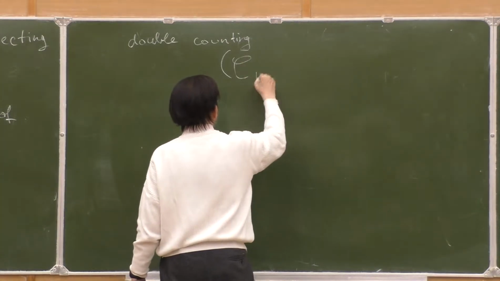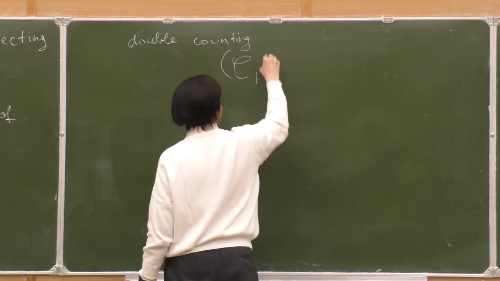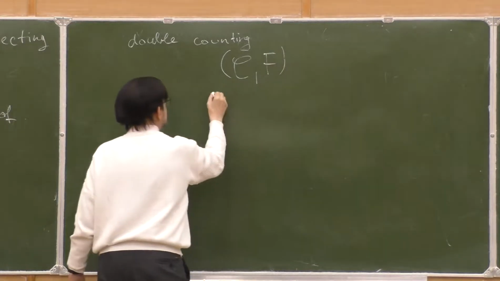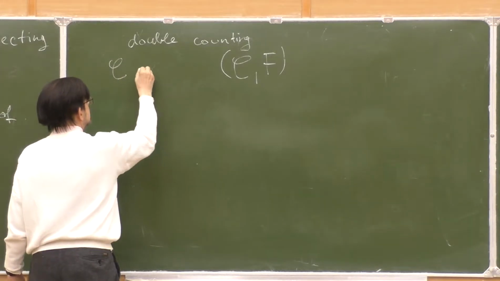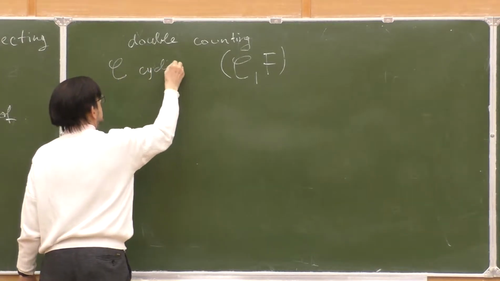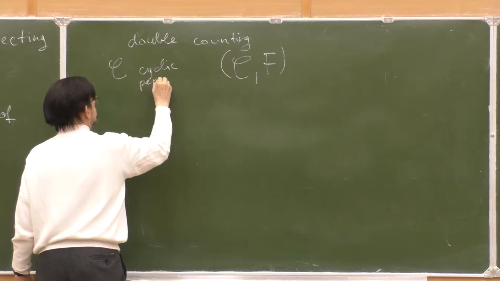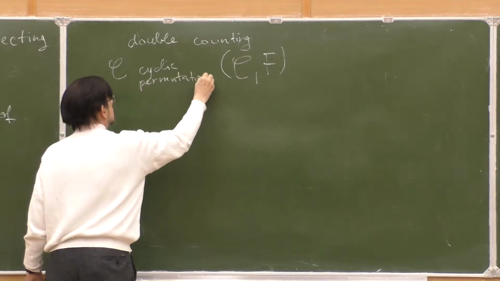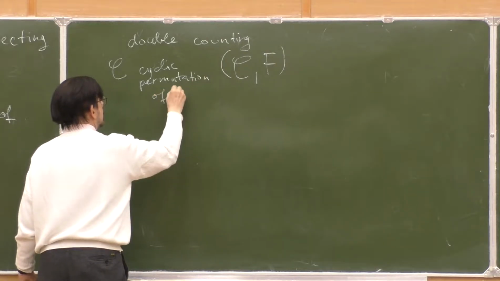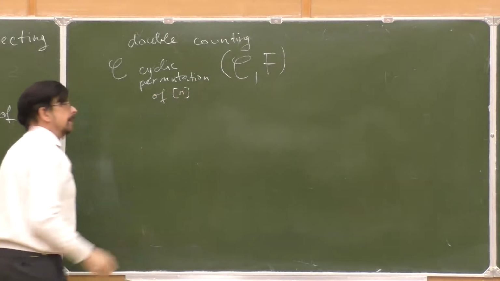C and F, where C is a cyclic permutation of n.